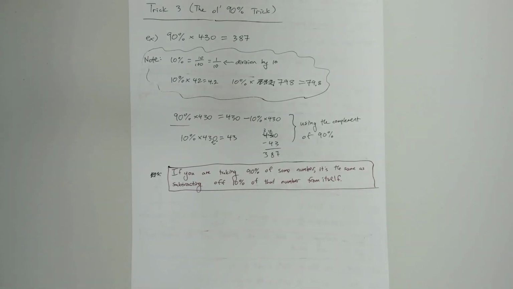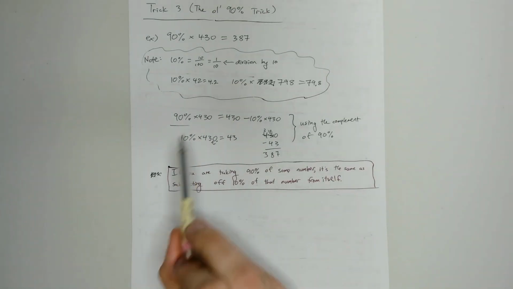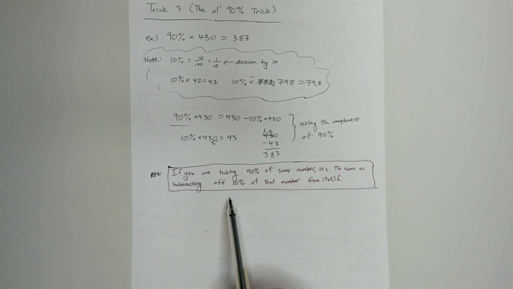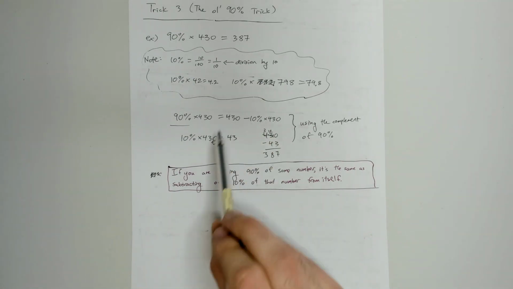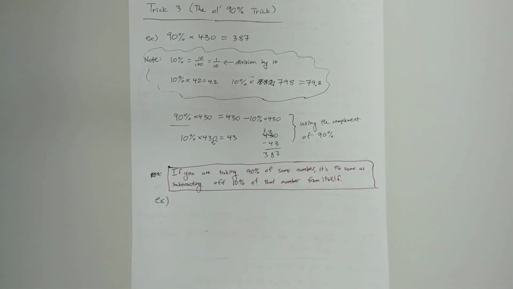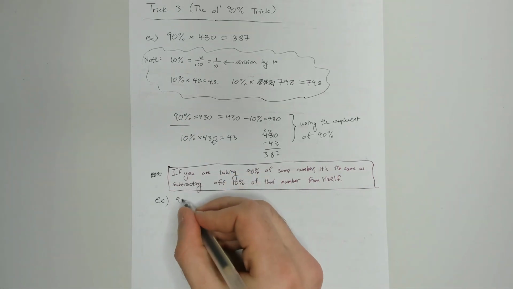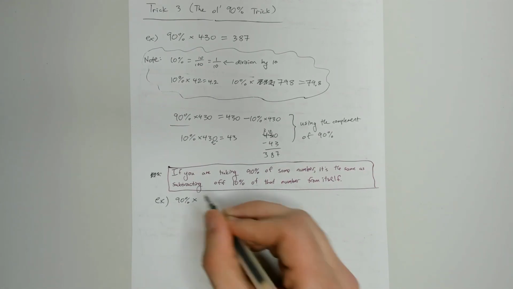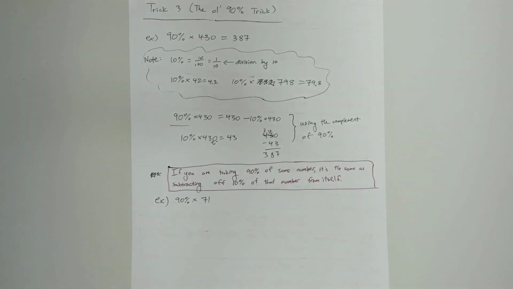All right, so if you're taking 90% of some number, right, 90% of 430, it's the same as subtracting off 10% of the number from itself. So let's do some examples. Let's say I had 90% of 71.